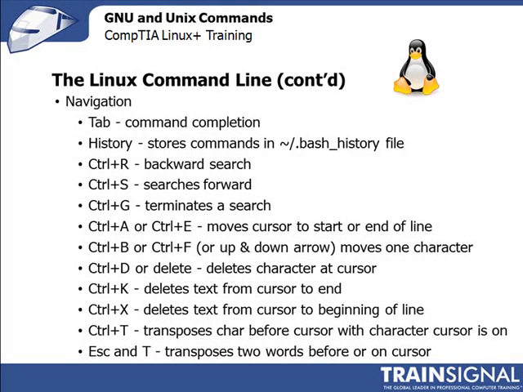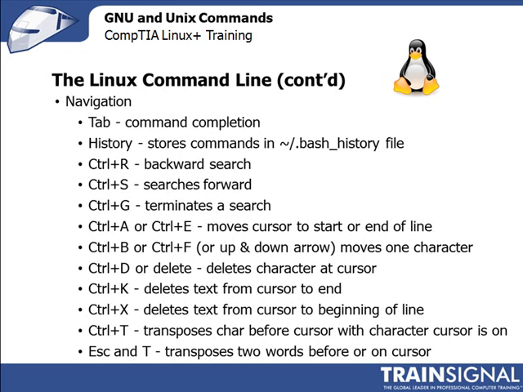And here are a few line editing tricks. Ctrl+A or Ctrl+E moves the cursor to the start or end of the line respectively. Left or right arrow, also Ctrl+B and Ctrl+F, move one character at a time. Ctrl+D, or hitting the delete key, deletes the character the cursor is on, and backspace deletes the character to the left of the cursor.